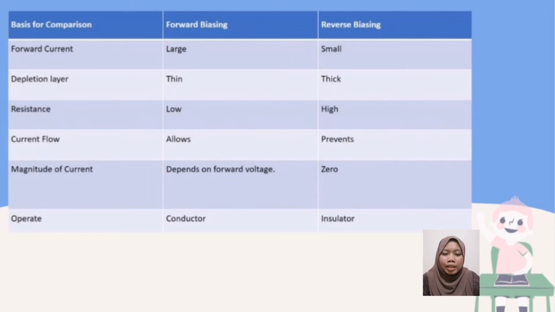In forward biasing, the magnitude of the current depends on the forward voltage, whereas in reverse bias, the magnitude of the current is very small or negligible. In forward biasing, the device operates as a conductor, whereas in reverse bias, the device acts as an insulator.